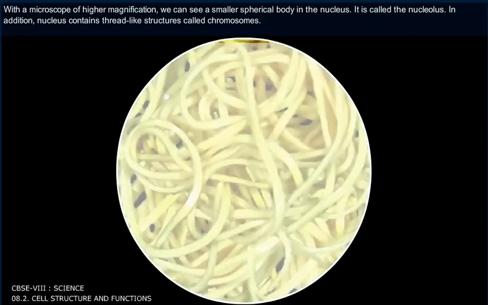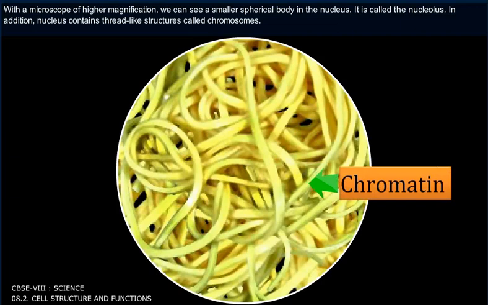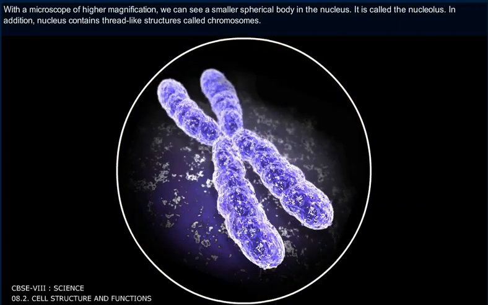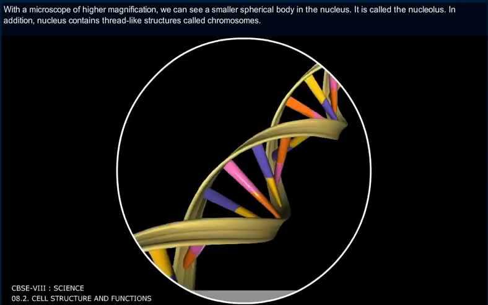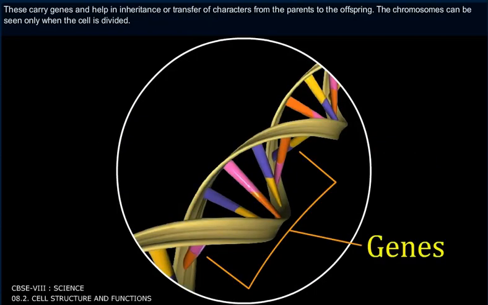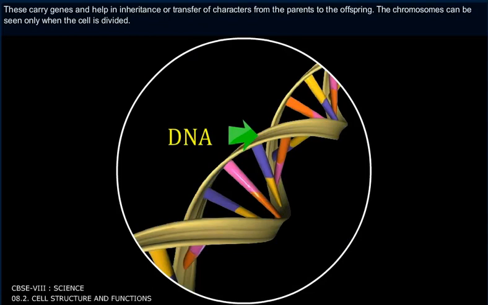It is called the nucleolus. In addition, the nucleus contains thread-like structures called the chromosomes. These carry genes and help in inheritance or transfer of characters from the parents to the offspring. The chromosomes can be seen only when the cell is divided.